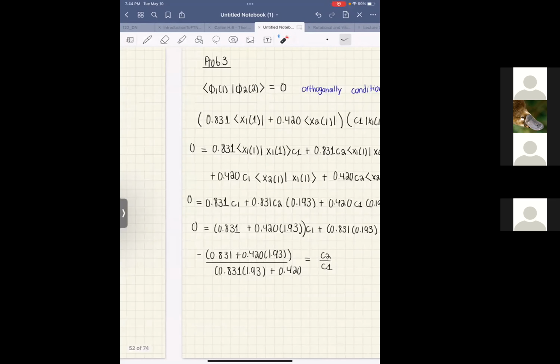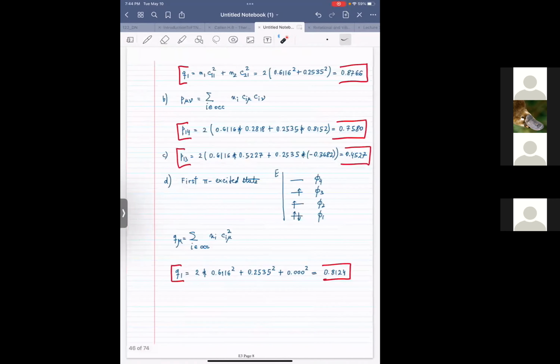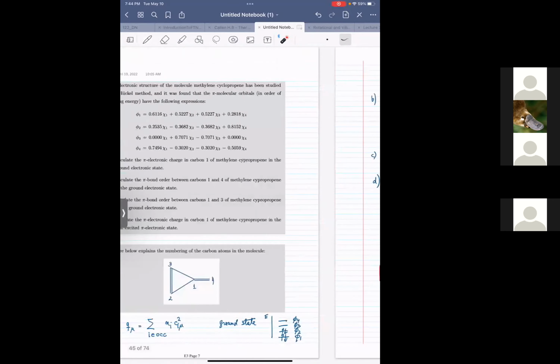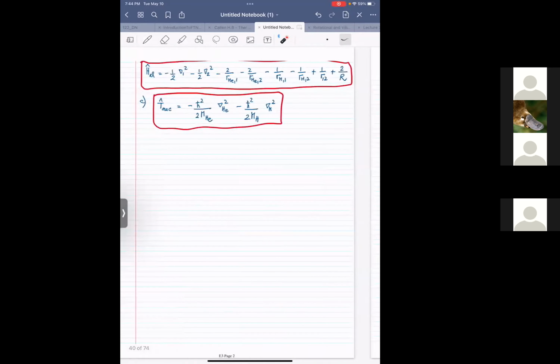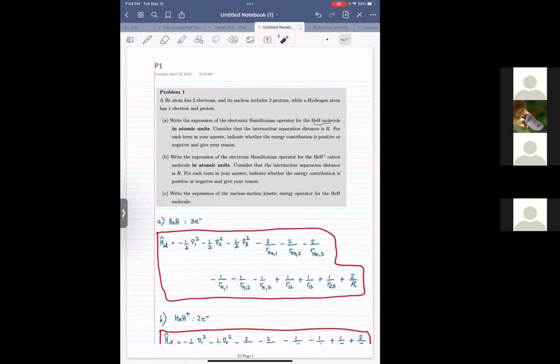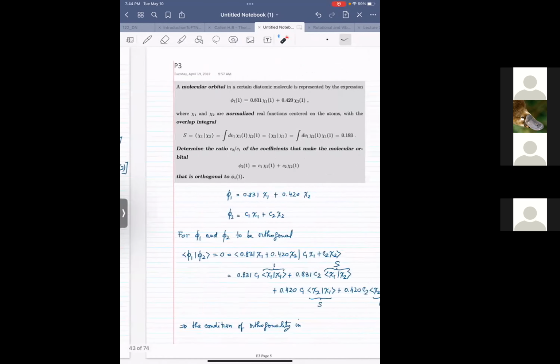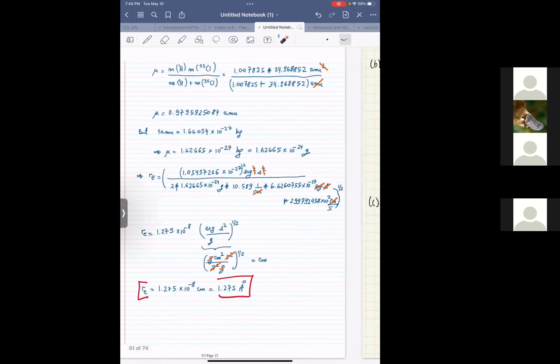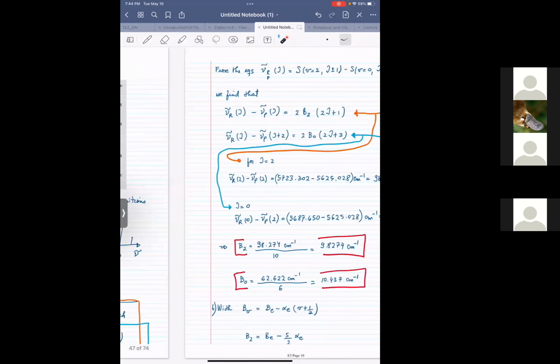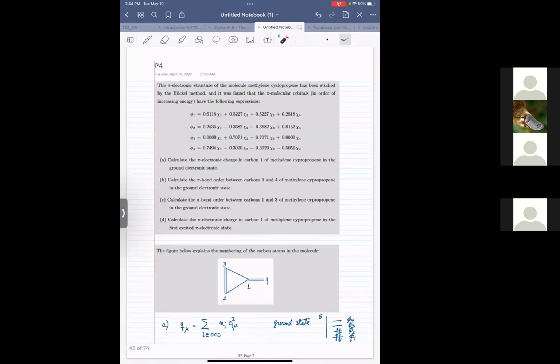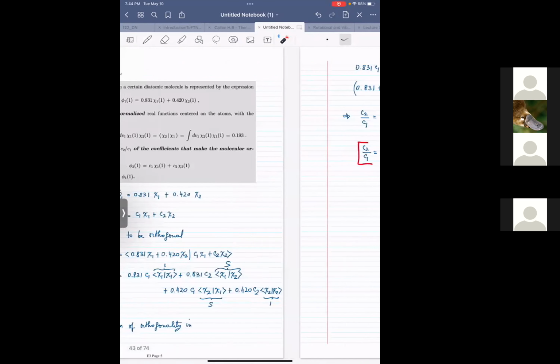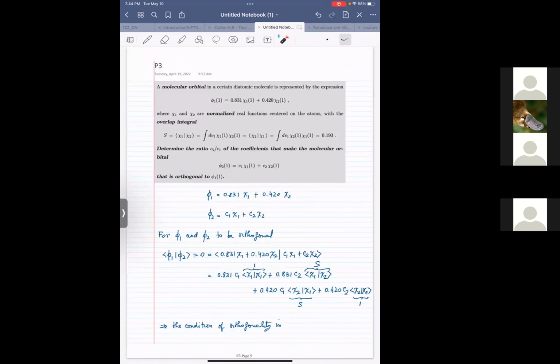Now, the question told us what each of the values is. Since this is normalized, then this is going to be equal to 1, and they tell us the overlap integral.